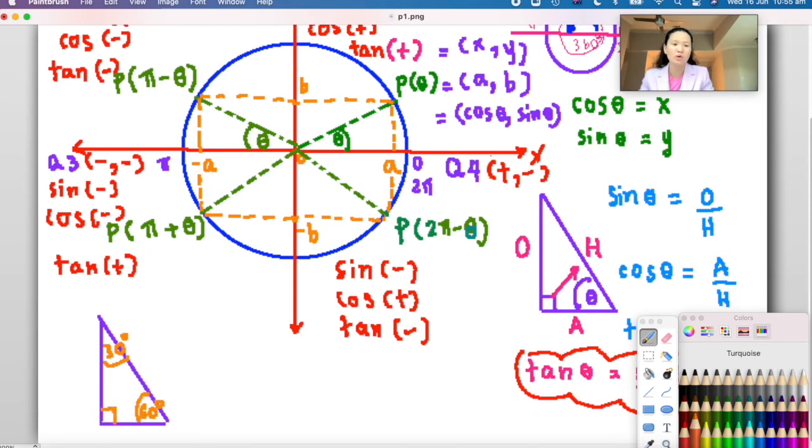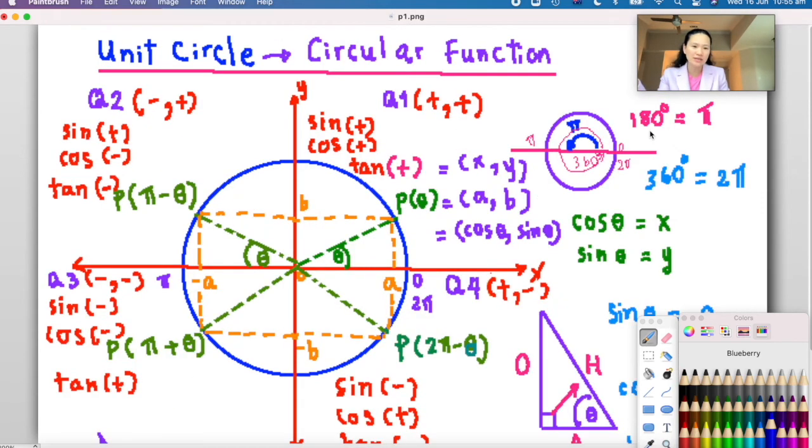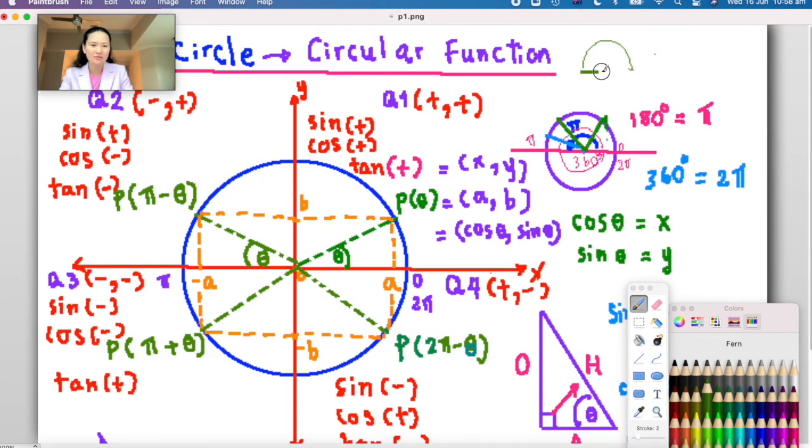I told you already that one circle is 360. So look from here as well, it's 60 degrees. If you want to change it to the form of pi, from here you know that pi is equal to 180. So I will go super quick. Half of the circle we know is pi.